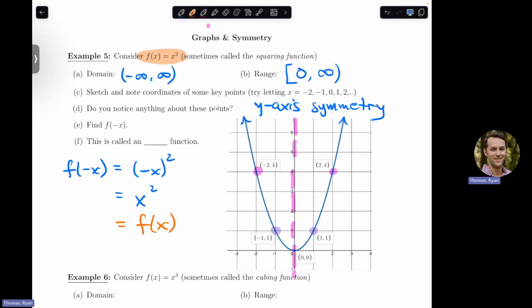That's what this says. It's not just a thing that happened to work out for 2 and negative 2 and 1; it holds for any number in the domain, which is all real numbers, so it means everyone. So f of negative x is saying, I'm going to think about a point over here, and what I want to figure out is what does its opposite do?